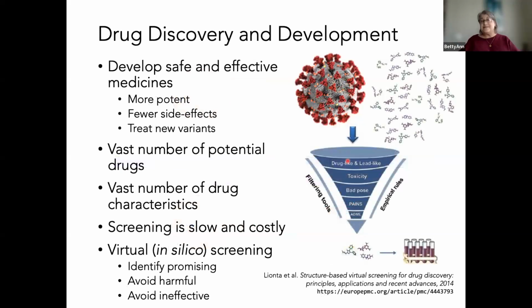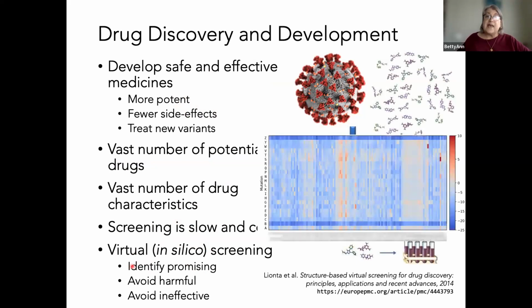Okay, so now back to this again. Remember what I was talking about, this is what I hope to do, this in silico screening. Back to this deep mutational scanning data: as I change each one of these letters in this protein, I mutate each amino acid to a different amino acid, and I can mutate it to 20 different things.